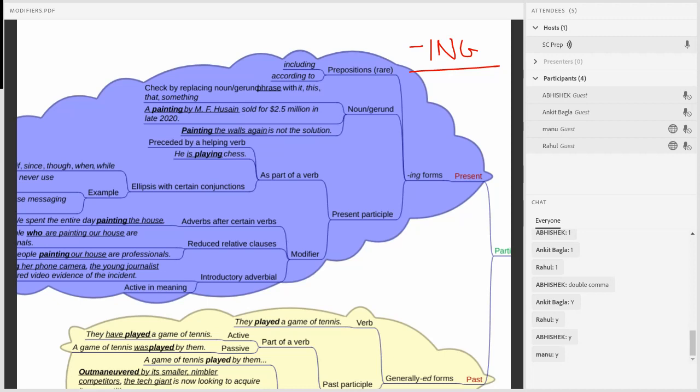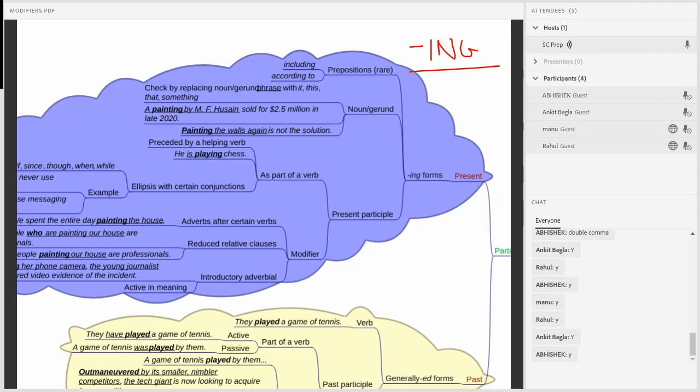So remember, the relationship is like this. All present participles are ings, but not all ings are present participles. In other words, present participles are a subset of ing. Quick check, is everyone comfortable visualizing it like this? Present participles are a subset of ing.